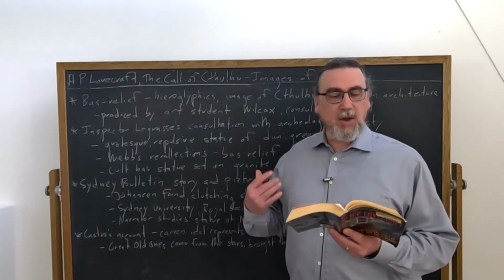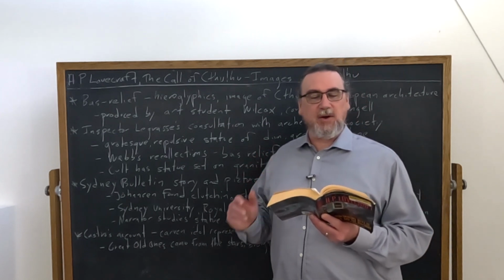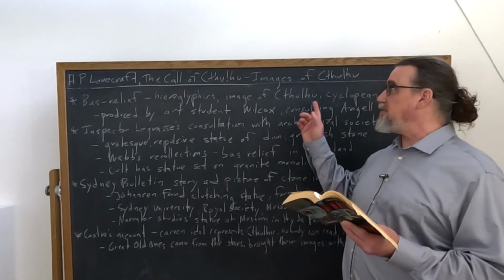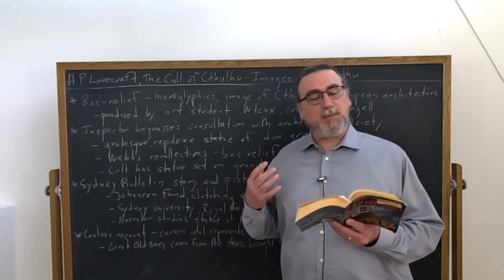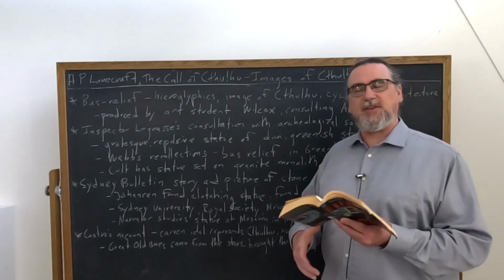So he goes on and he says, its impressionistic execution forbade a clear idea of its nature. What is the figure that is above these? It is going to be an image, a sort of monster or symbol representing a monster, or a form which only a diseased fancy could conceive.